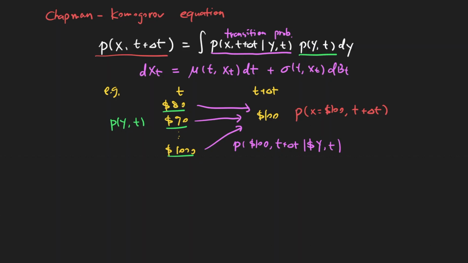Now the main challenge is how can we compute the transition probability? Recall that in the heat equation, we can directly write out the transition probability. That is given by the Brownian motion. So recall our derivation from Brownian motion to the heat equation.